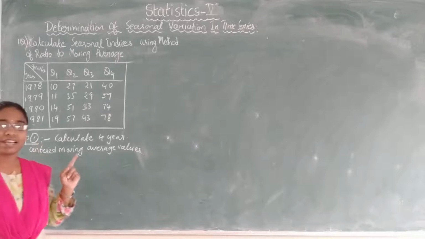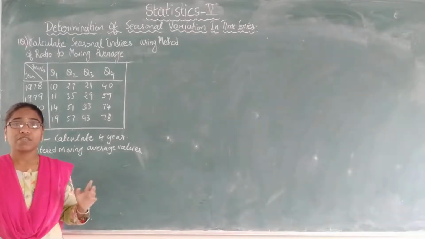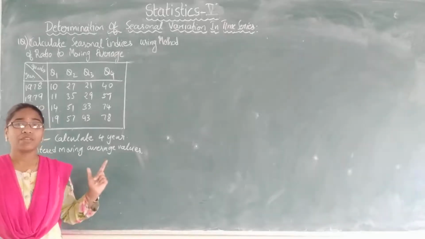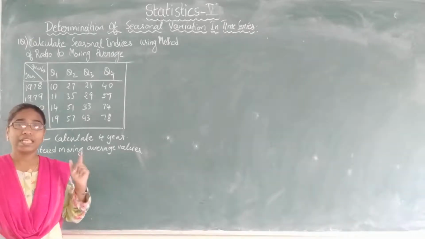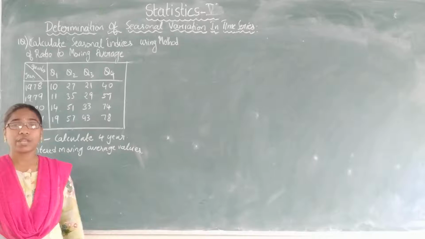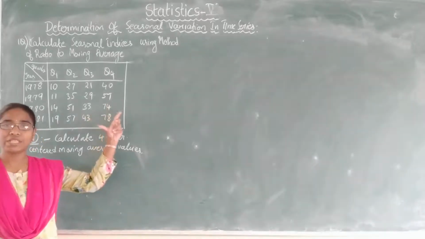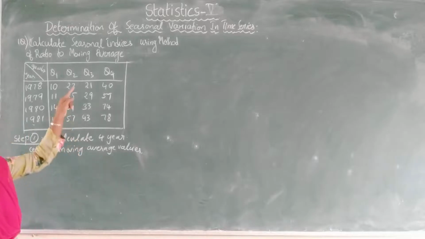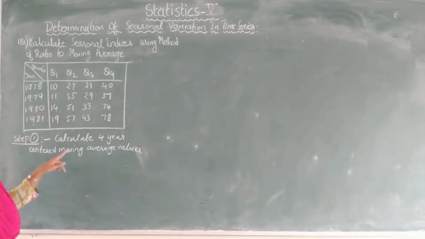If the data is monthly, there will be 12 months, so you have to calculate the 12-year moving average. Remember, the first step is to check whether the data is quarterly or monthly. Here the data is quarterly, so we will be calculating the 4-year moving average. If the data is monthly, you will be calculating the 12-year moving average.